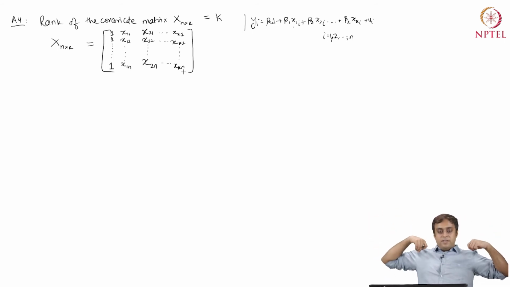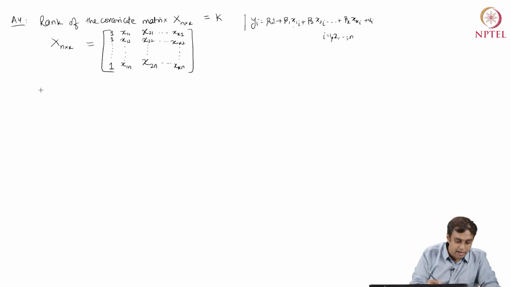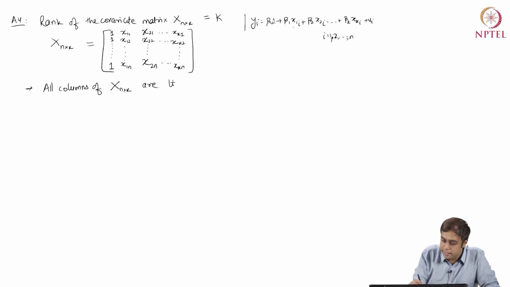Okay, when we say that X has rank k, what we are really saying is that all columns of X, n by k, are linearly independent.